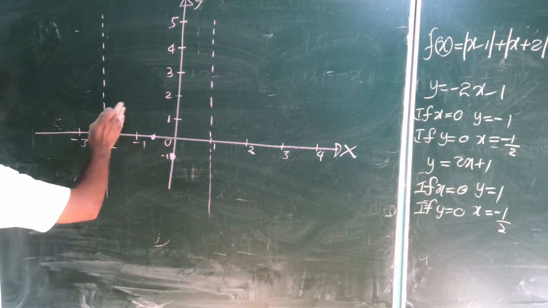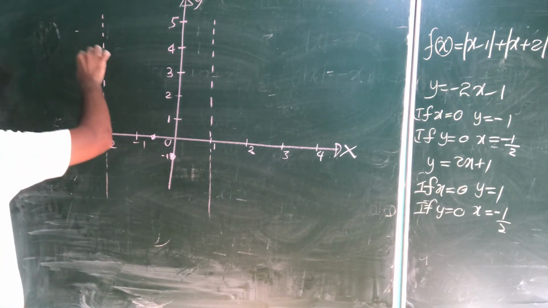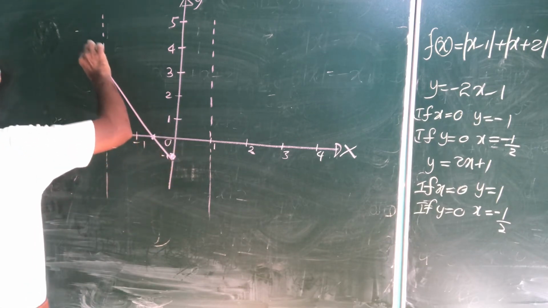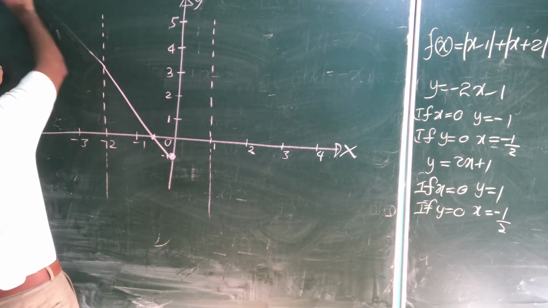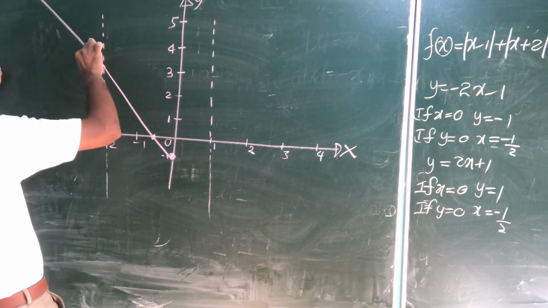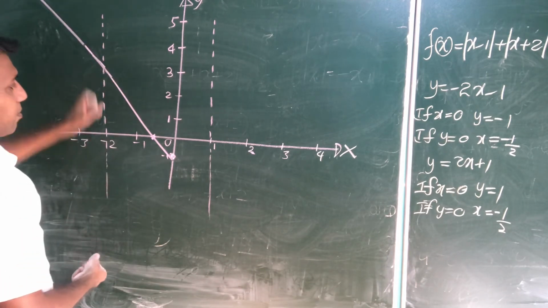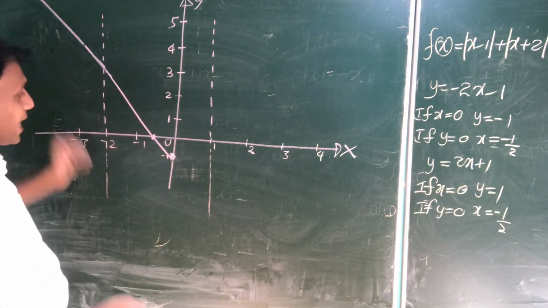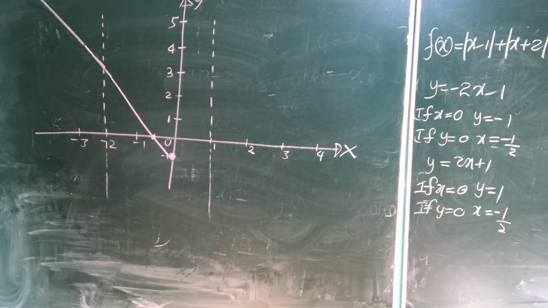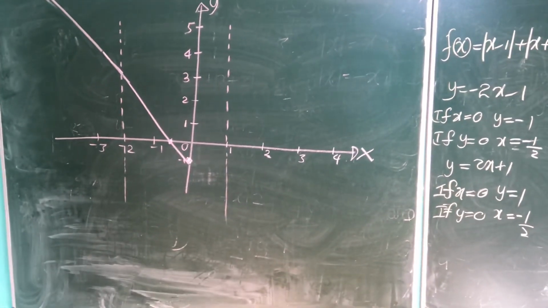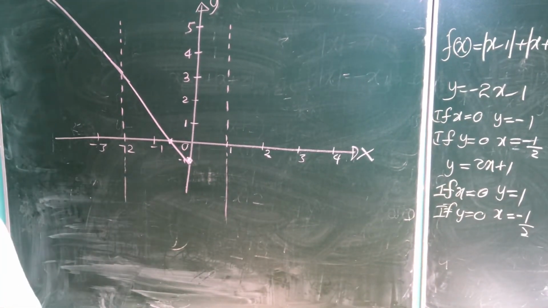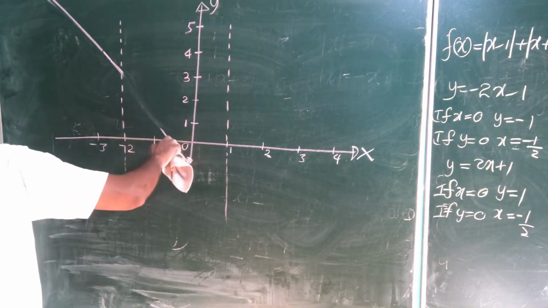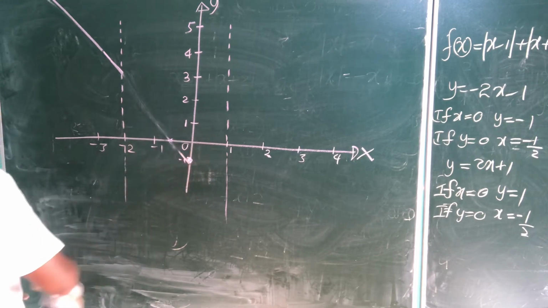Draw a nice diagram, straight line, but you can't take this part, because x is less than minus 2, you can't take the part beyond this, right? So I show this and produce it. So see how I am explaining here.